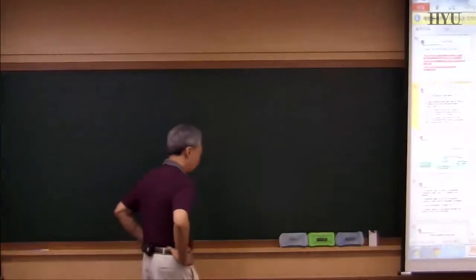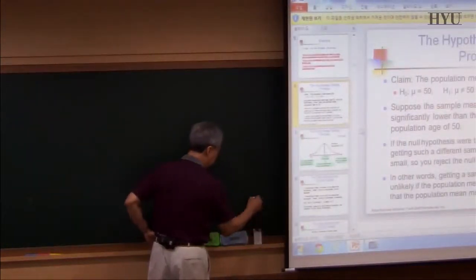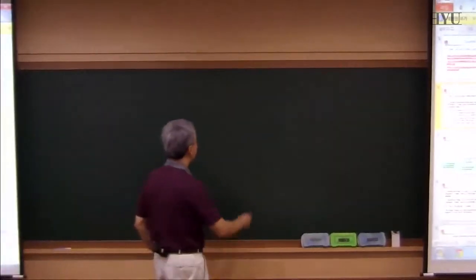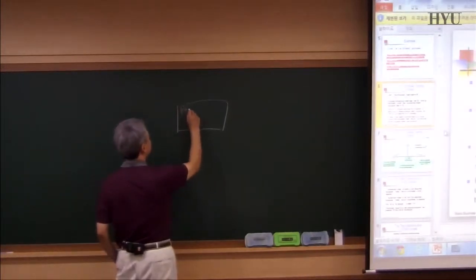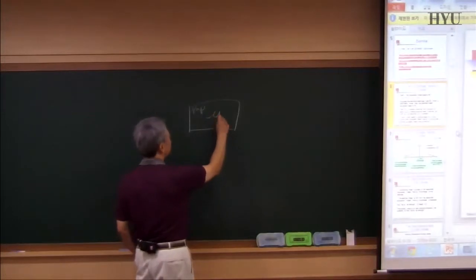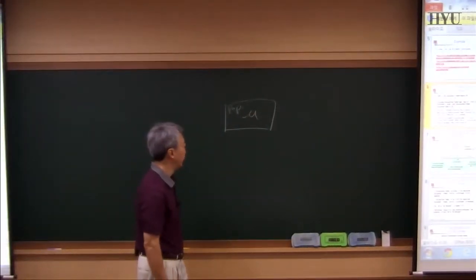And here I need to remind you of the concept of sampling distribution, okay? So again, we have a population, and there is an unknown parameter, probably the mean, the population mean, okay?